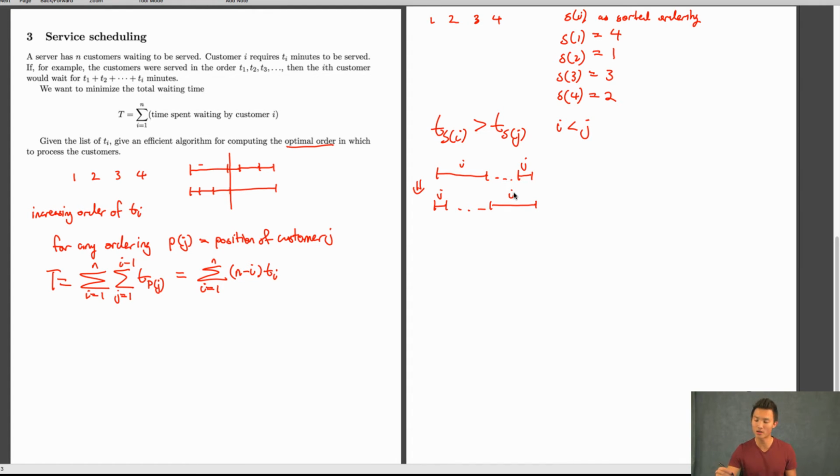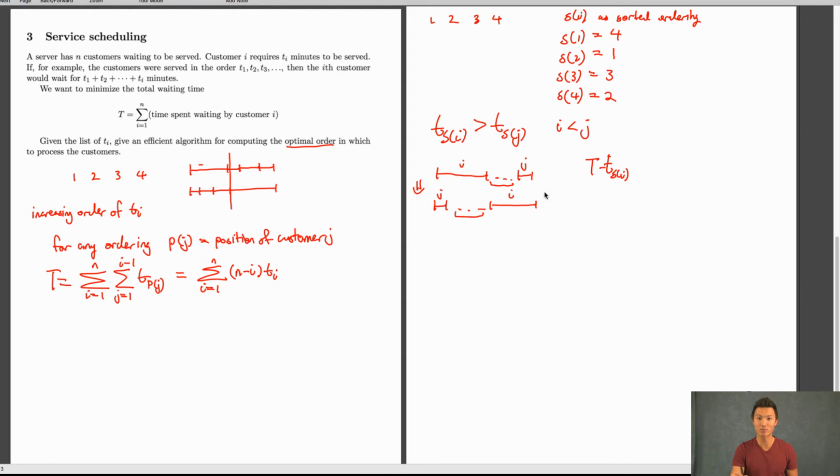So what happens to my cost? If I switch i and j, both i and j have to wait for this amount of time anyway. So this won't matter, and it's kind of the same as switching 2 adjacent pairs. If I were to move i behind j, now j no longer has to wait for i's time.